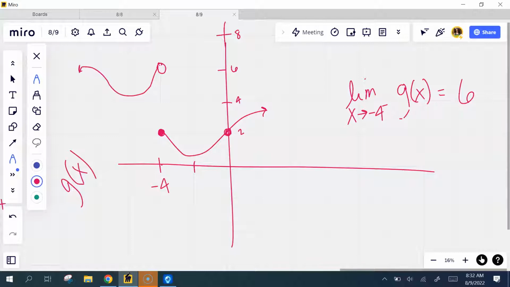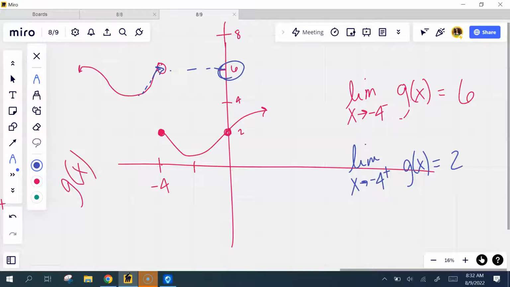So as I come in and I'm tracking it from the left, I'm getting closer and closer to this 6 value here. How about the limit as x approaches -4 from the right? 2. No?